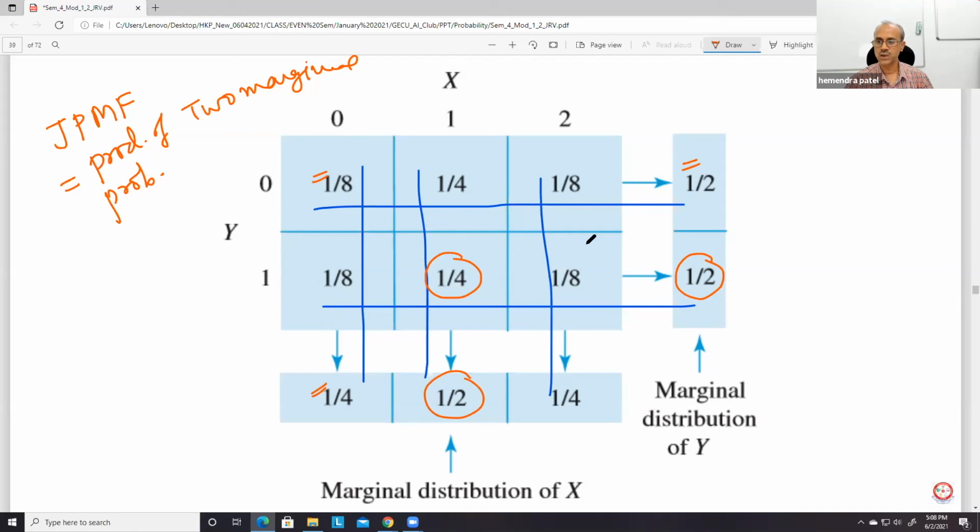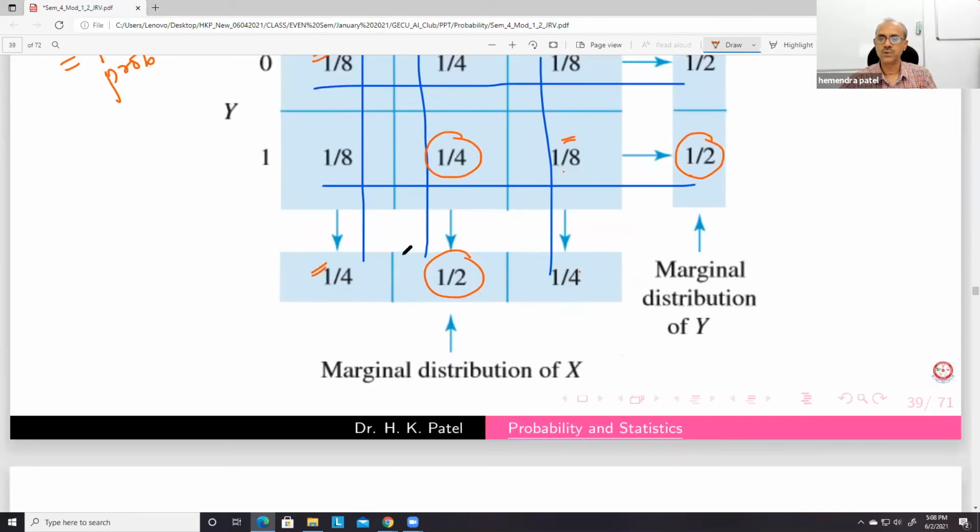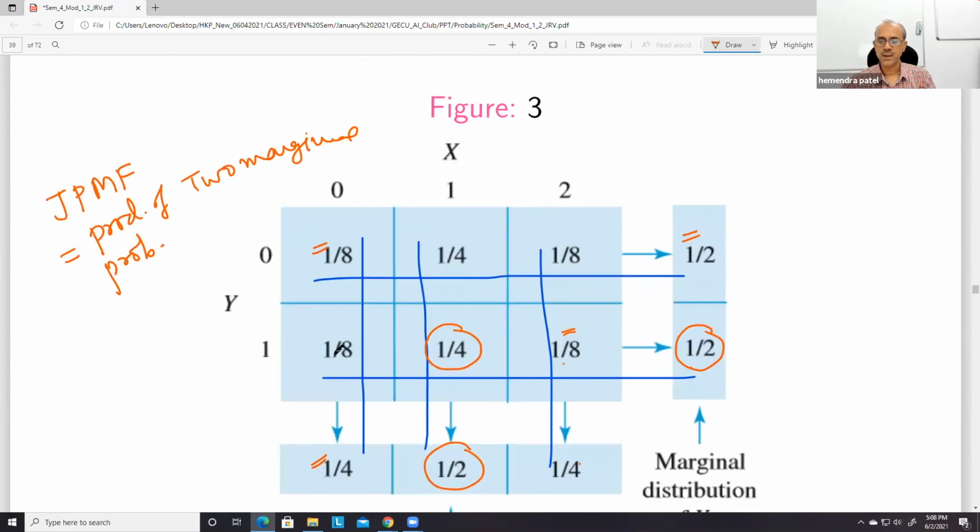So this is true for any. If you take this is 1/8, this is 1/4, 1/2. So the product of these two is 1/8. So in general, it is true for all possibilities, and therefore x and y are independent.